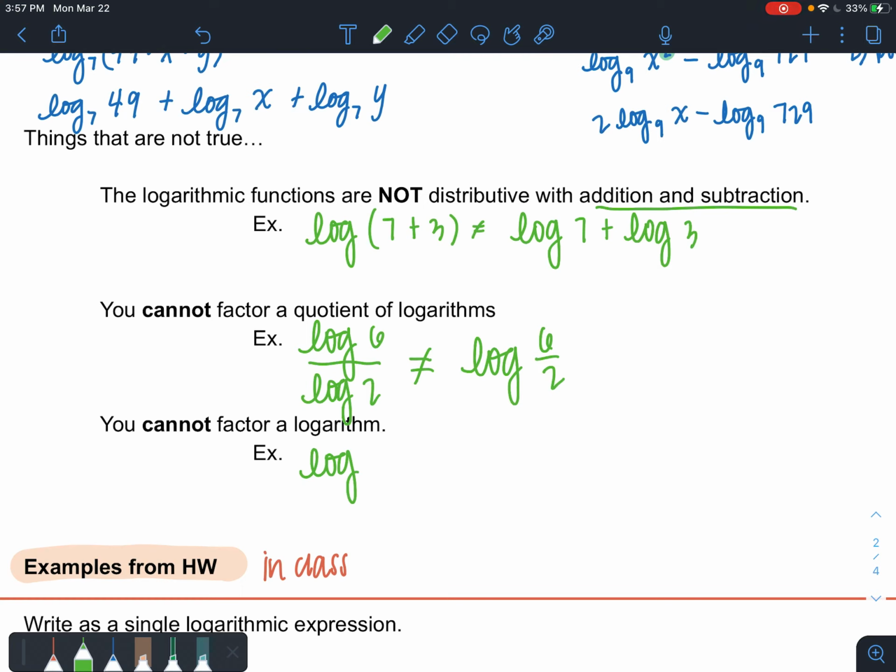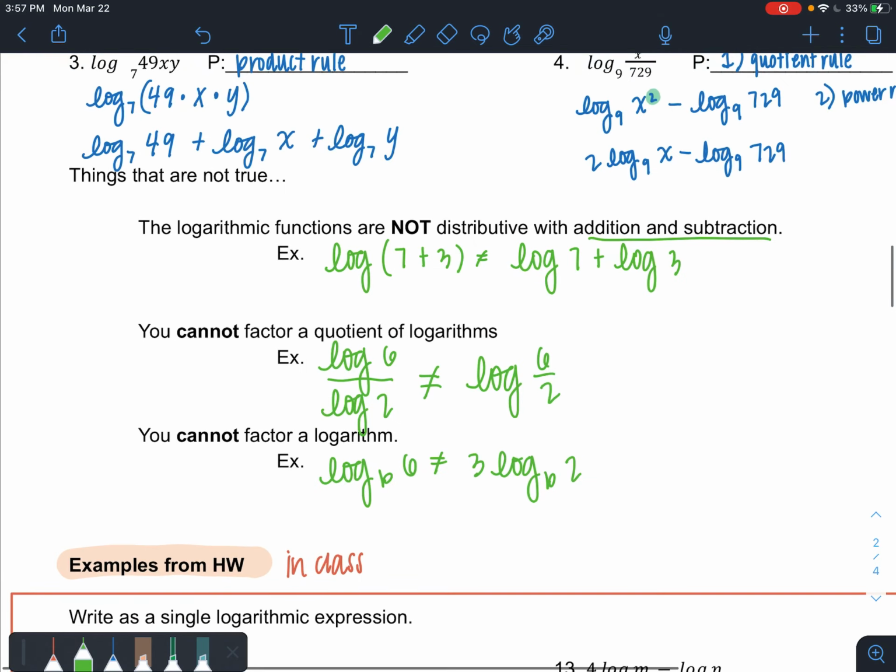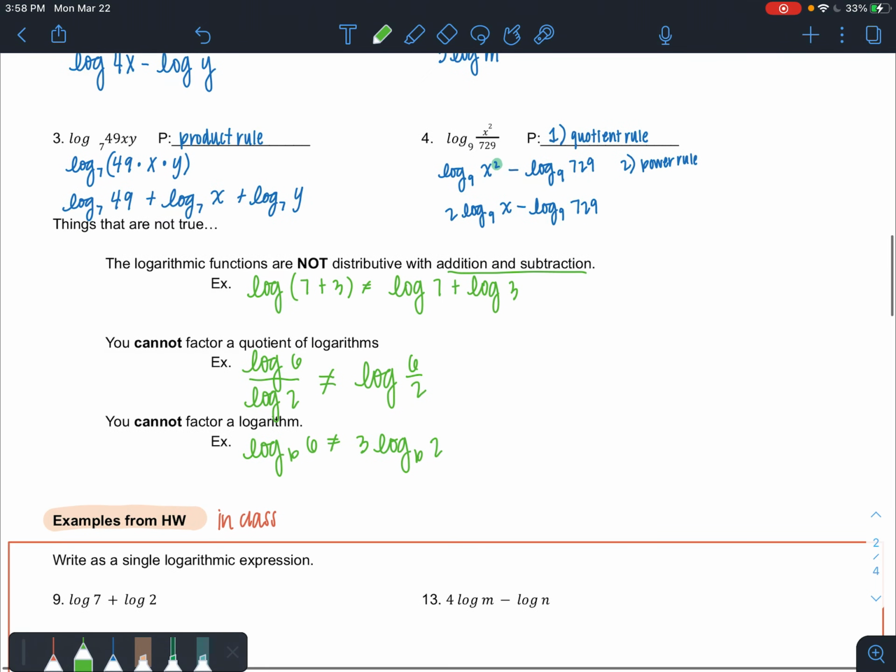All right, and then as far as factoring goes, if I have log base b of 6, that can't be equal to 3 log base b of 2. You can't just multiply those two things together. So those are 3 common mistakes that people will make. All right, that's all for today.